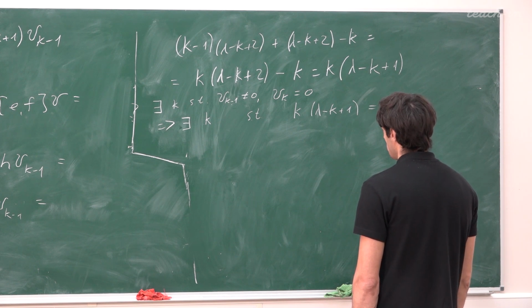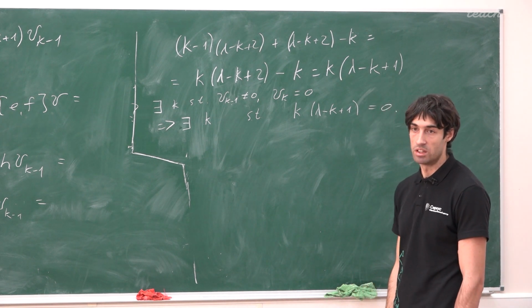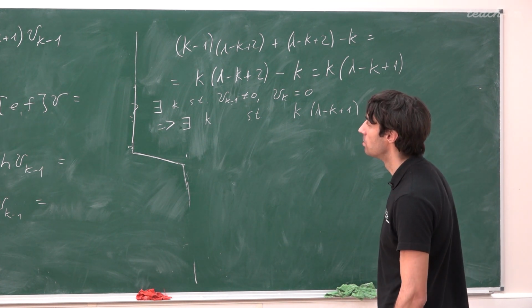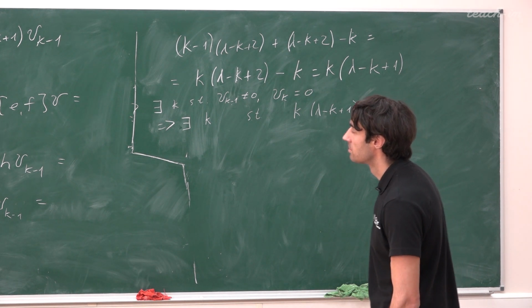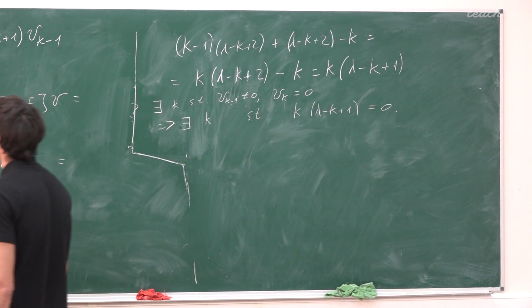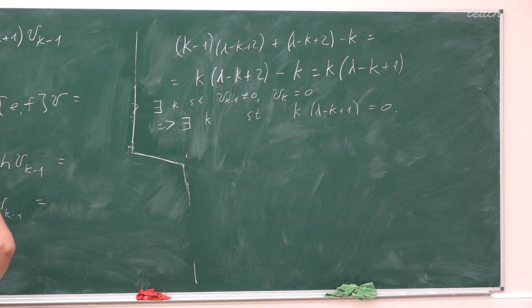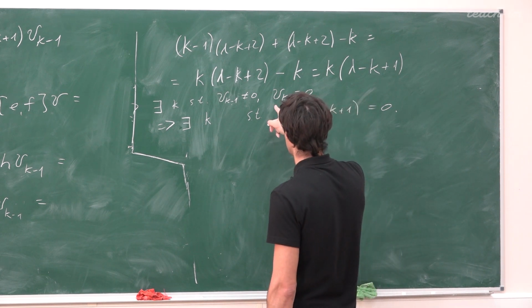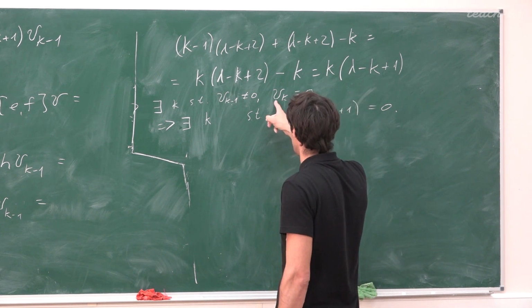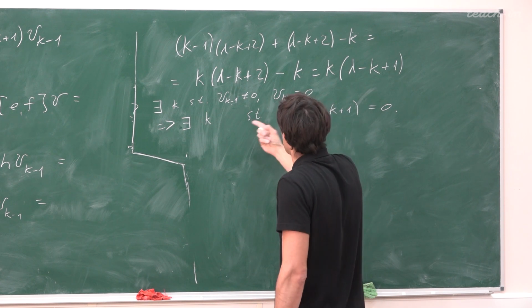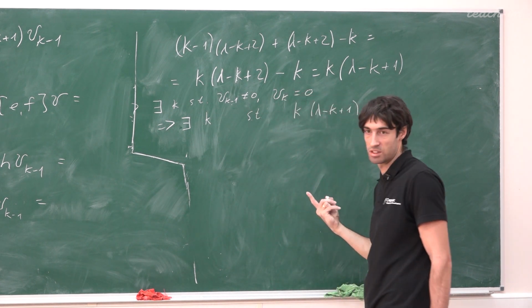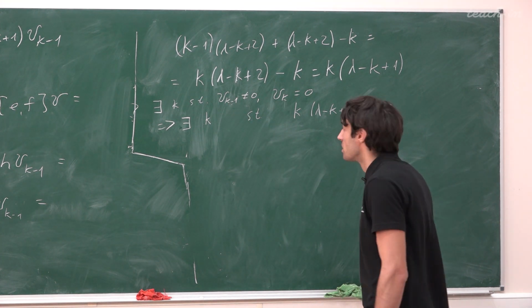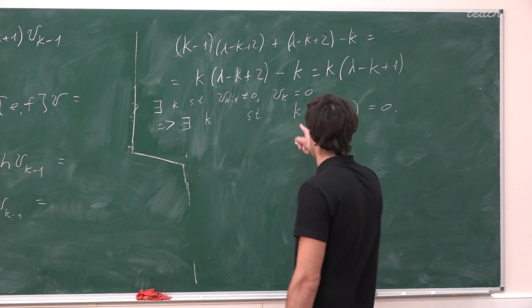It cannot be k equals 0, because k equals 0 is just v. I'm looking for k greater than 0 because I need this k minus 1, so this is not 0.